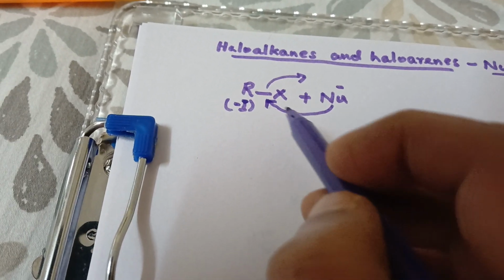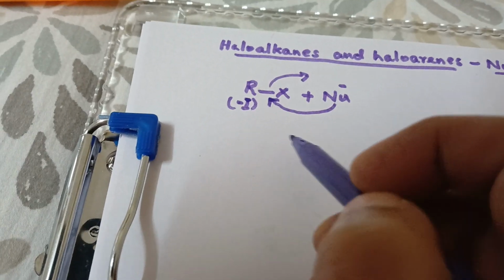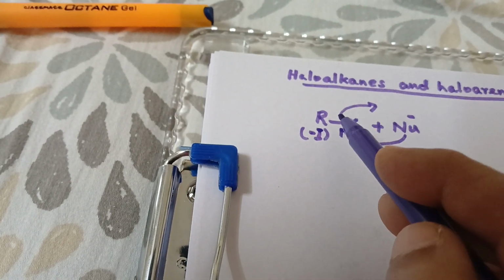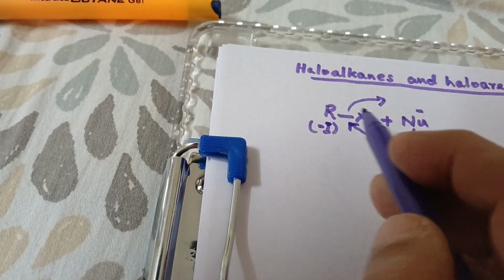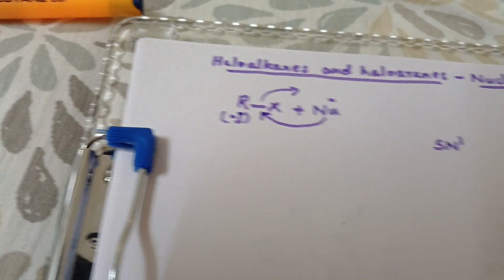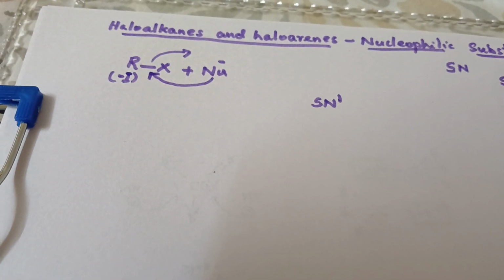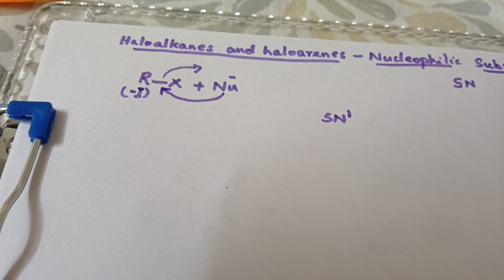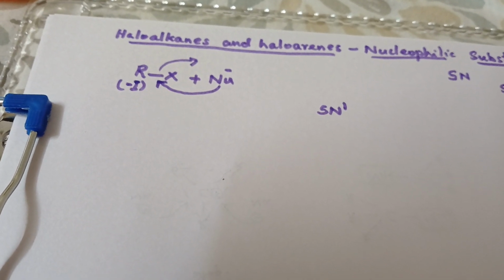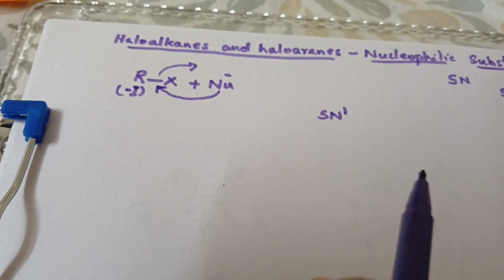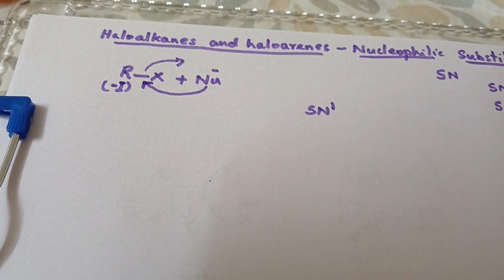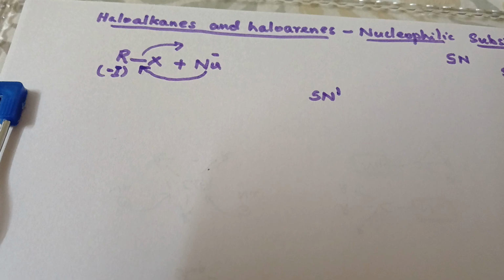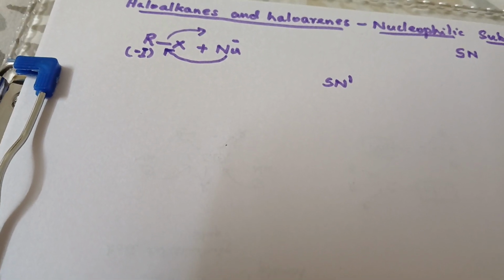Second one is the attack of the nucleophile. So when the carbon halogen bond is broken, you get a carbocation which is having a positive center. It is because of that positive center that the nucleophile is attacking the carbocation. Let us see.